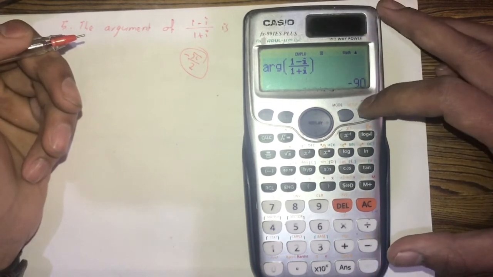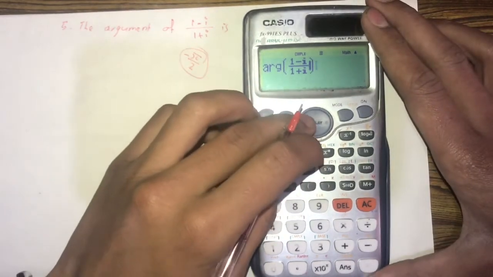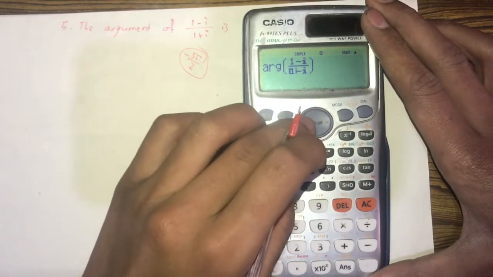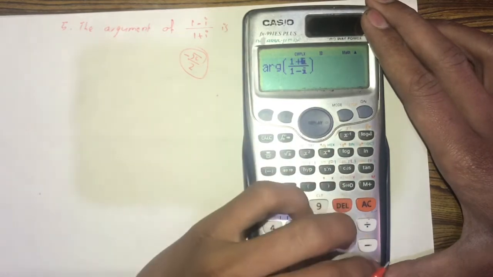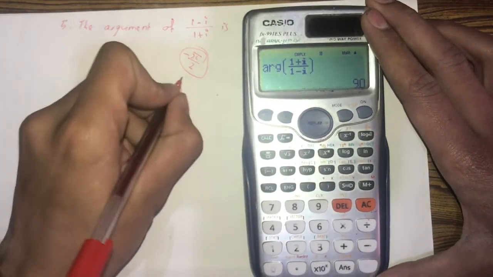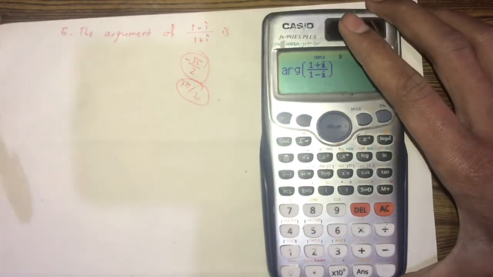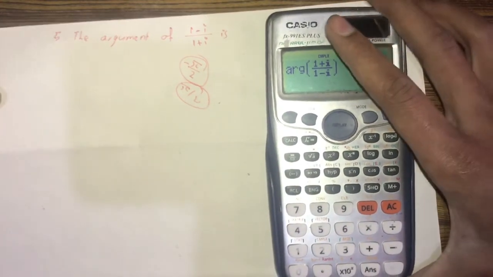Okay, it's very simple. If you change the sign convention, minus and addition sign, here you see pi by 2. Very simple. Let's move on to the next question.